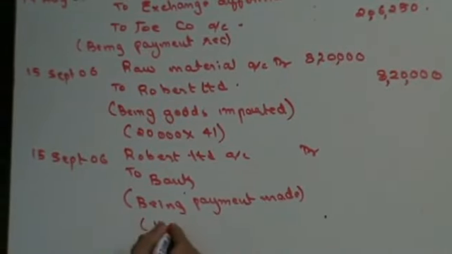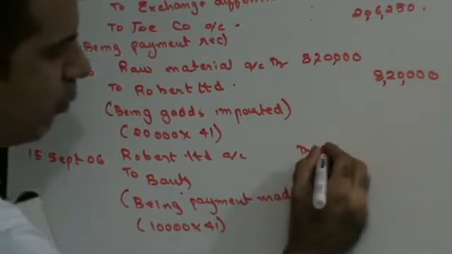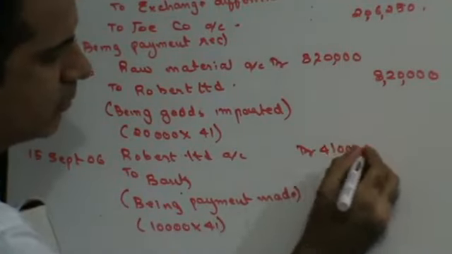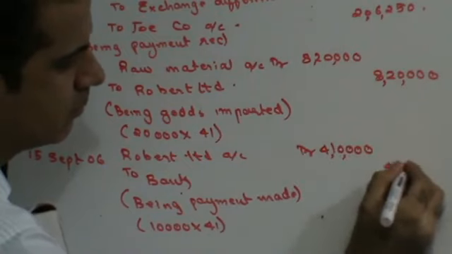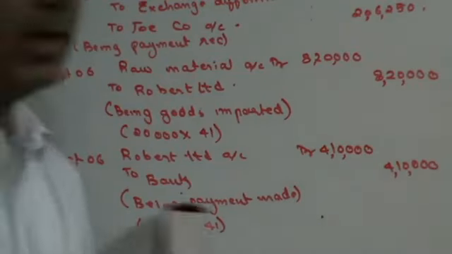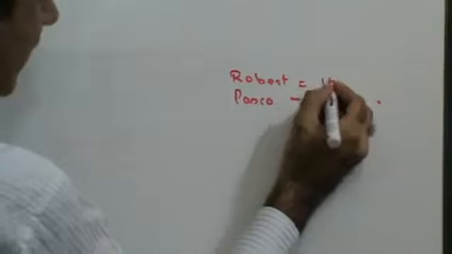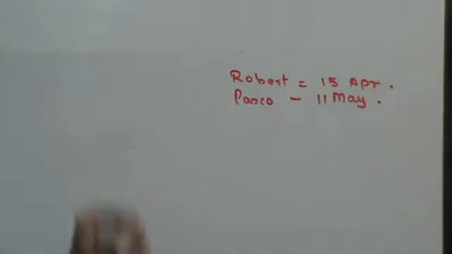So you will be paying $10,000 at 41, that is 4,10,000. 50% of the amount is paid immediately, and the balance 50% has to be paid to Robert on 15th April. Okay, let's see this. Let's move on ahead.